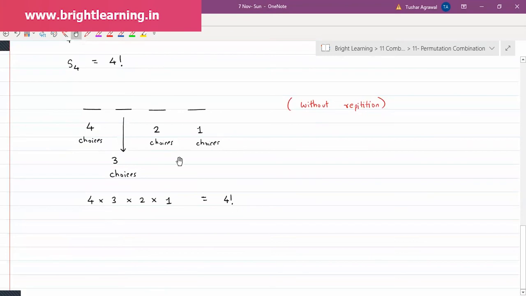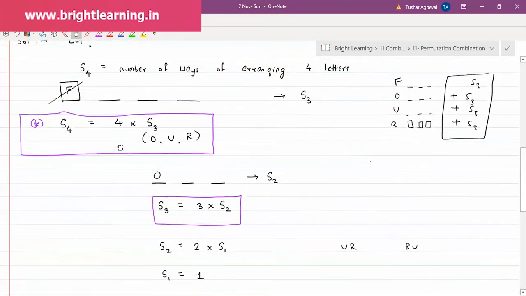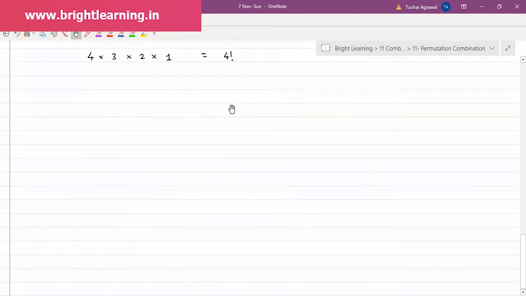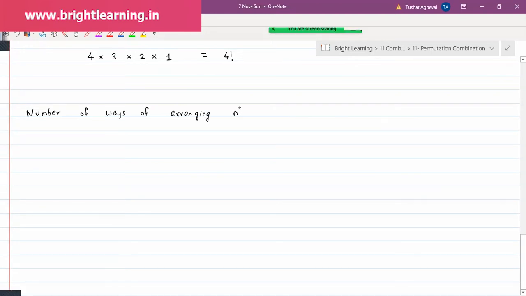Now, if I extend the same idea, I give you this statement, the generalized result: the number of ways of arranging n distinct objects. The word distinct is very, very important. Underline it.